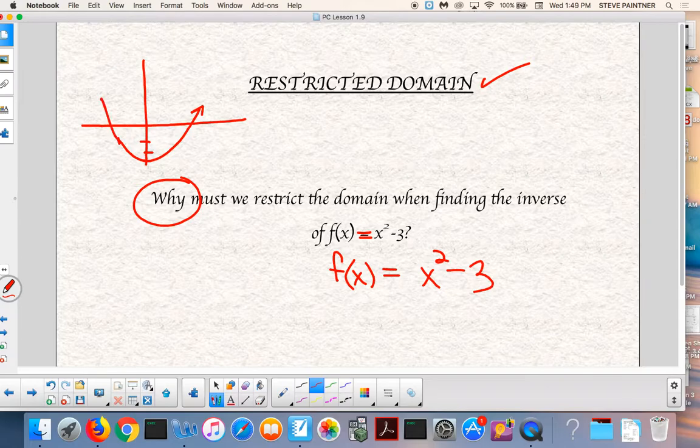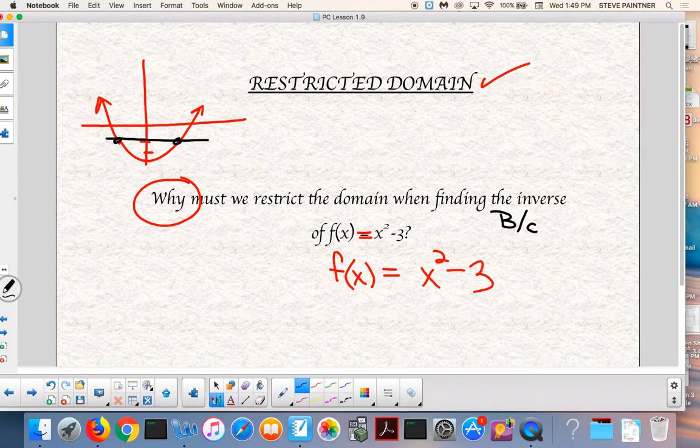Right? Okay, so why must we restrict the domain in order to find the inverse? Because this function has no inverse, right? Look, horizontal line. How many times did I hit it? Twice. Why must we restrict it?